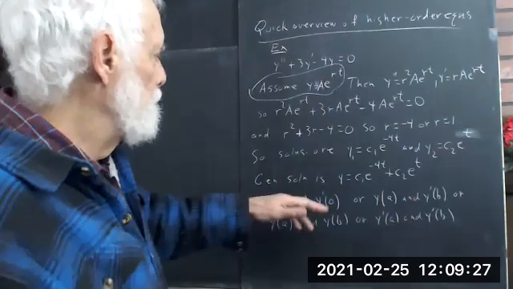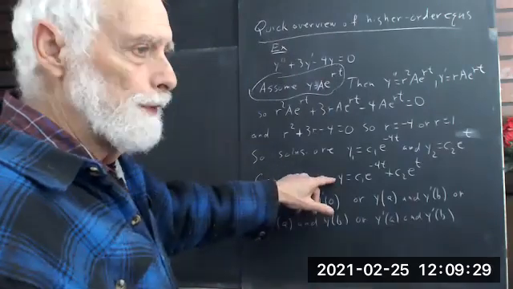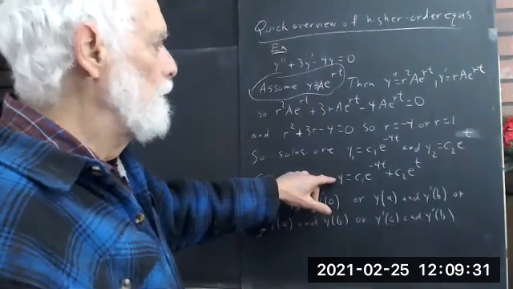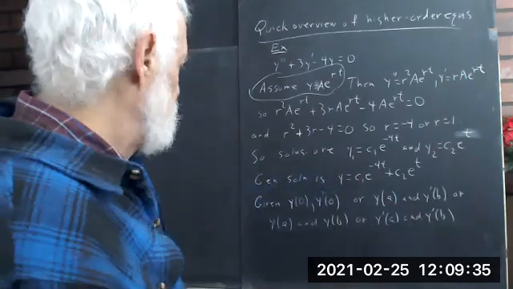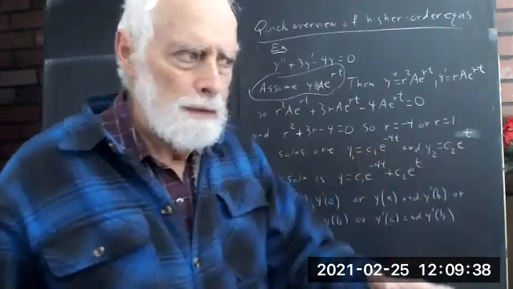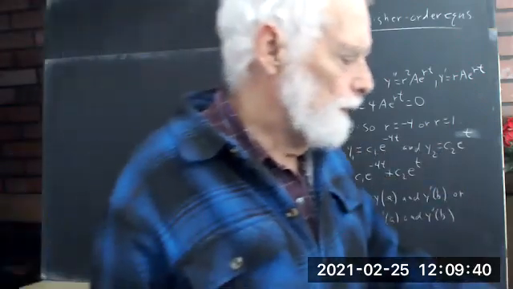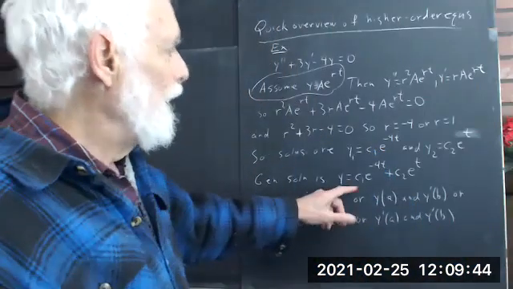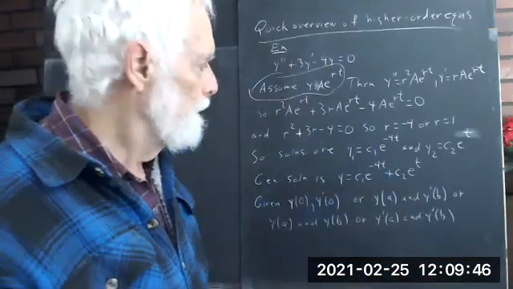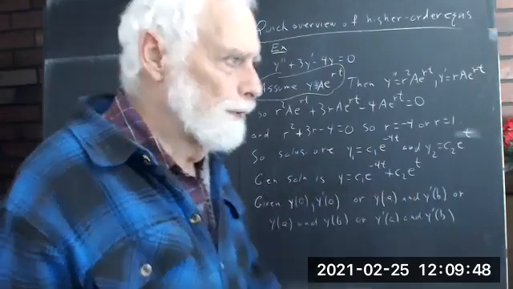You plug those into this equation, and you get 2 simultaneous equations for C1 and C2. And that's what your homework is going to be looking at: what you do if you have this general solution and then have some initial conditions.